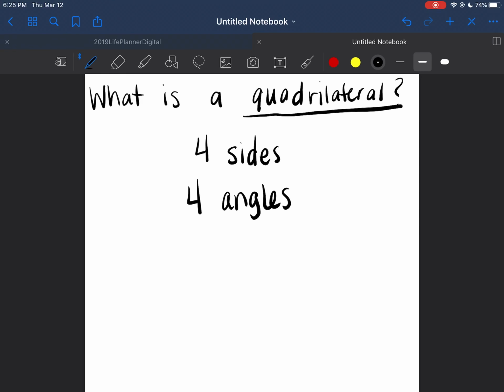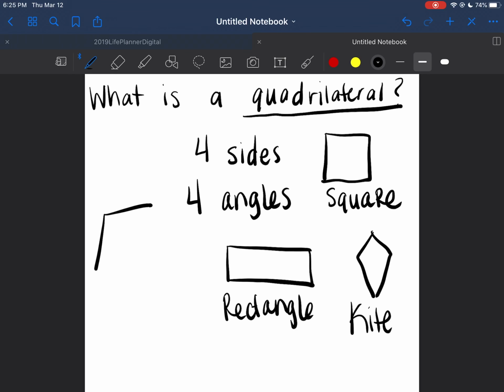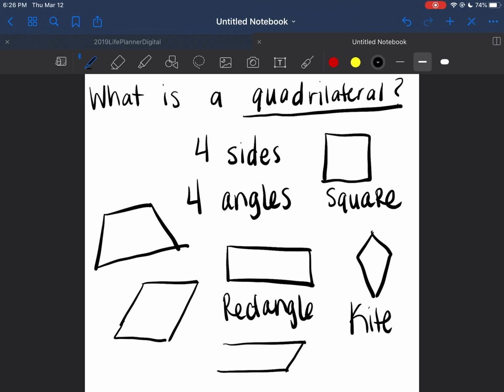Some examples of quadrilaterals are a square, a rectangle, a kite, a trapezoid, and a rhombus. A parallelogram is also a quadrilateral because it also has 4 sides.